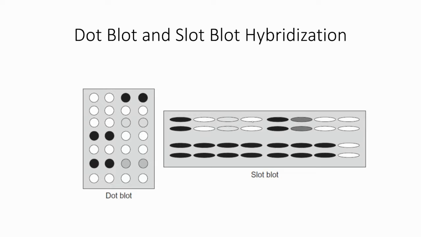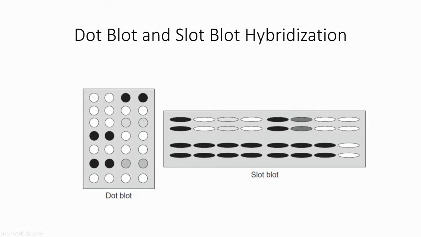So for this dot blot, slot blot hybridization, basically, you can have one sample applied to the whole membrane, and then use different probes to identify the presence of different targets.